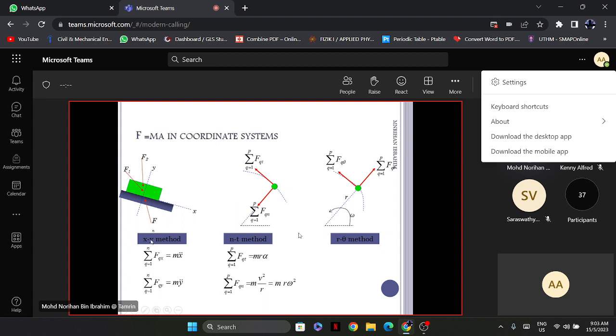So we can apply the rectangular XY coordinate system.